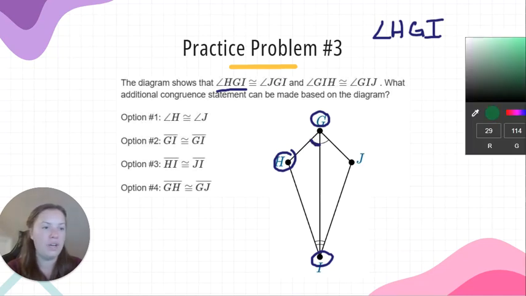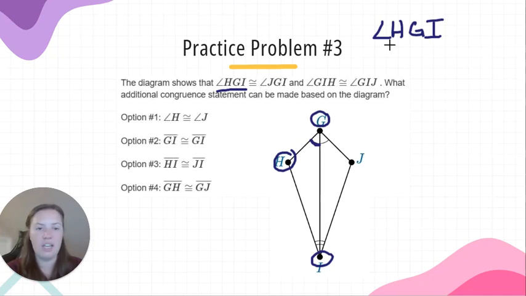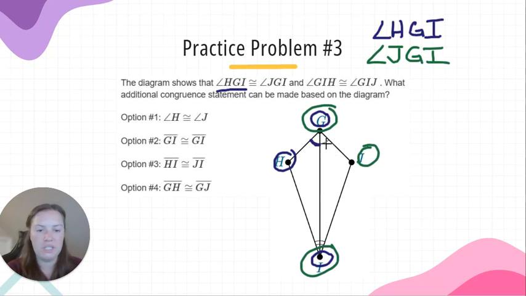Then the next one, angle JGI, same thing. JGI means that we're talking about this angle here because the G once again is the vertex. So we're talking about the blue and the green, and it's saying that these angles are congruent.